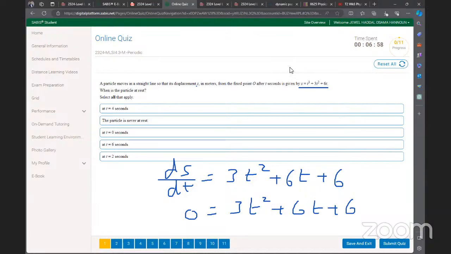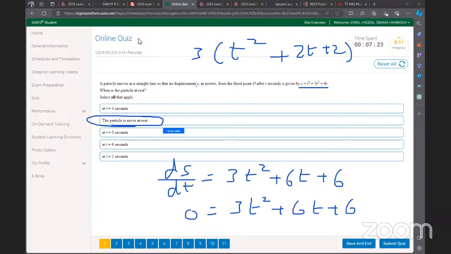Yeah, I also got the same thing. 3t power 2 plus 6t plus 6. Okay, I will take out the common factor, so plus 2t plus 2. So when you get i, that means this particle was never at rest.